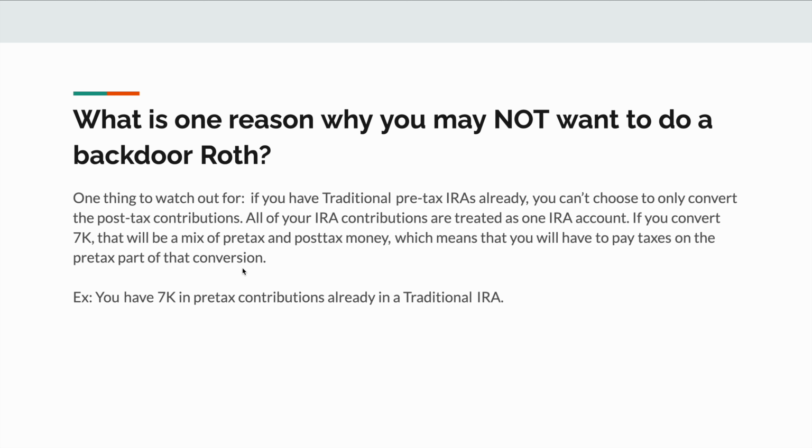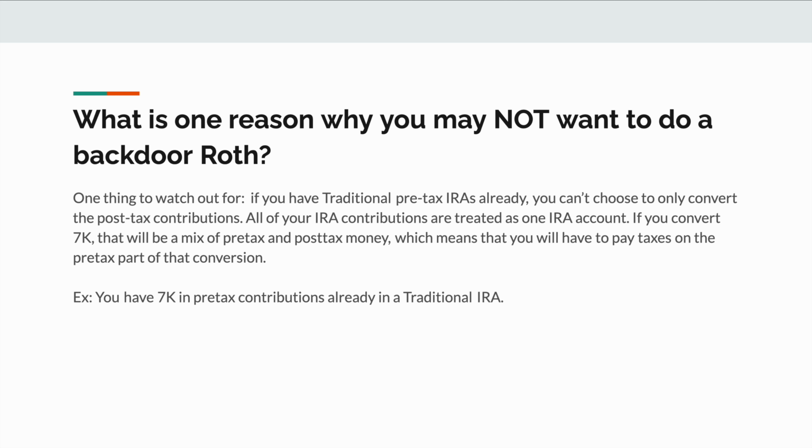So let's say you have $7,000 of pre-tax contributions already in a traditional IRA, and then you contribute another $7,000 in post-tax contributions, and so now you have 50% that's pre-tax, 50% that's post-tax. You do your conversion. Half of that $7,000 conversion is going to be seen as pre-tax money.